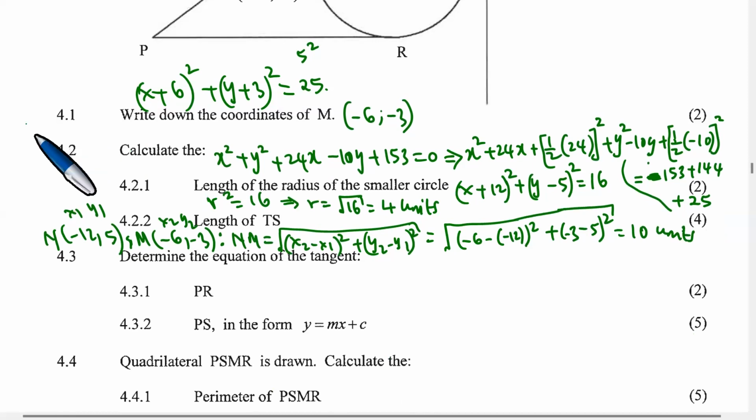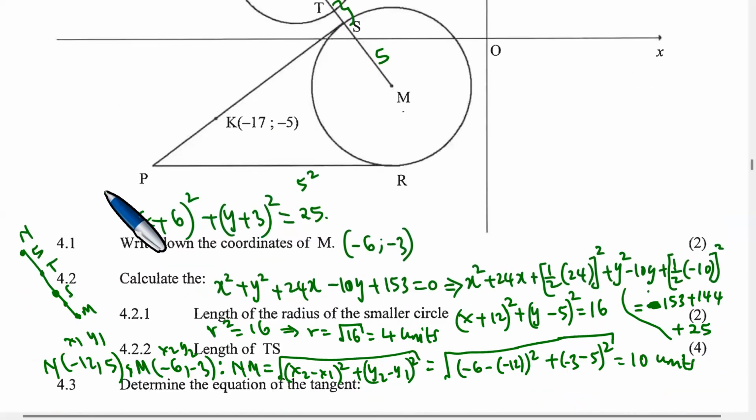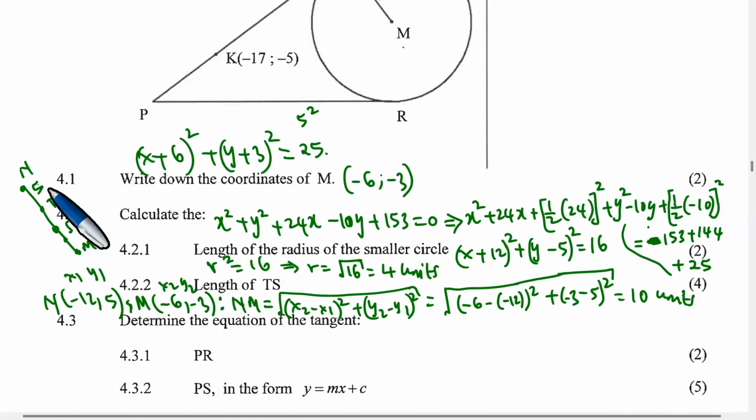I can write it here: you have N here, M there, T here, S there. You have 5 there, and 4 is up. This is TS. But this is a 5.